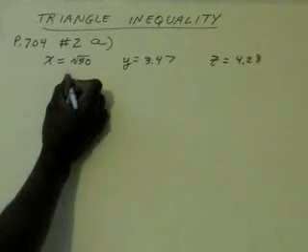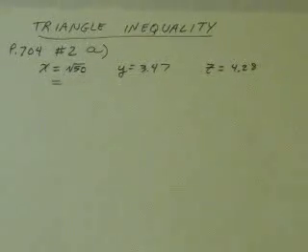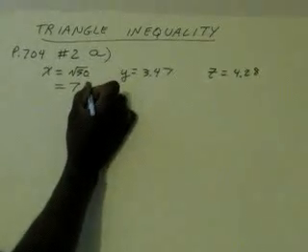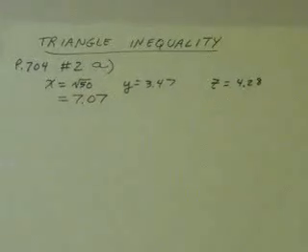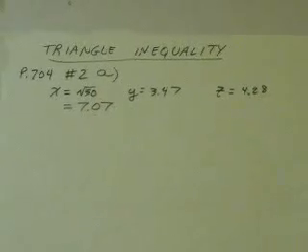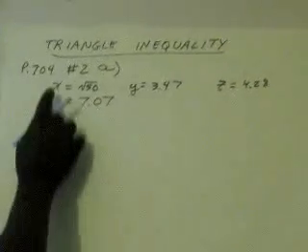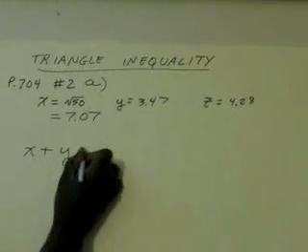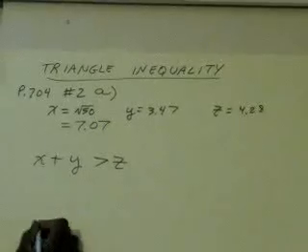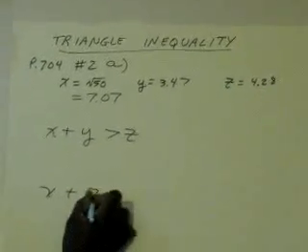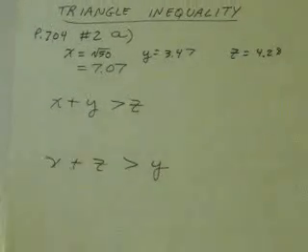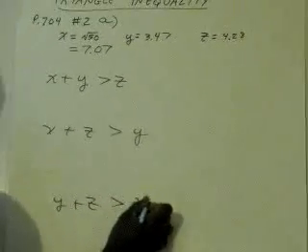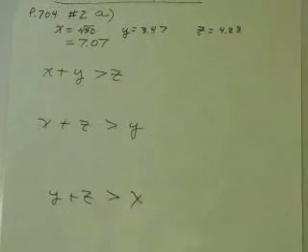Well, we have to approximate the square root of 50, and you can verify with your calculator that that's approximately 7.07. Now, here's how the triangle inequality works. If these are our three sides, then x plus y has to be more than z. X plus z has to be more than y. And y plus z has to be more than x. All three of these must be true.